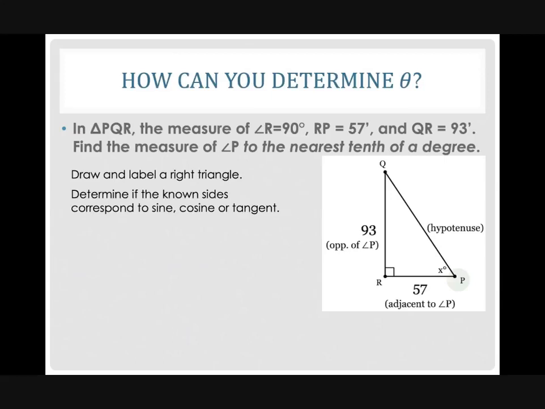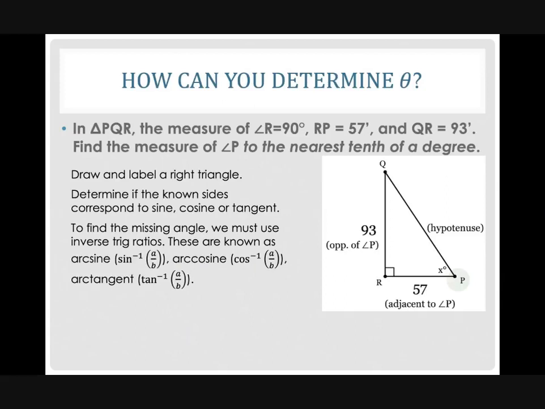And based on what we've been given here, we have the opposite side and an adjacent side that have been drawn. Therefore, with that information, we can determine that we'll be using tangent. Now, notice here, to find the missing angle, we would use the inverse trig ratios known as arcsine, arccosine, and arctangent.